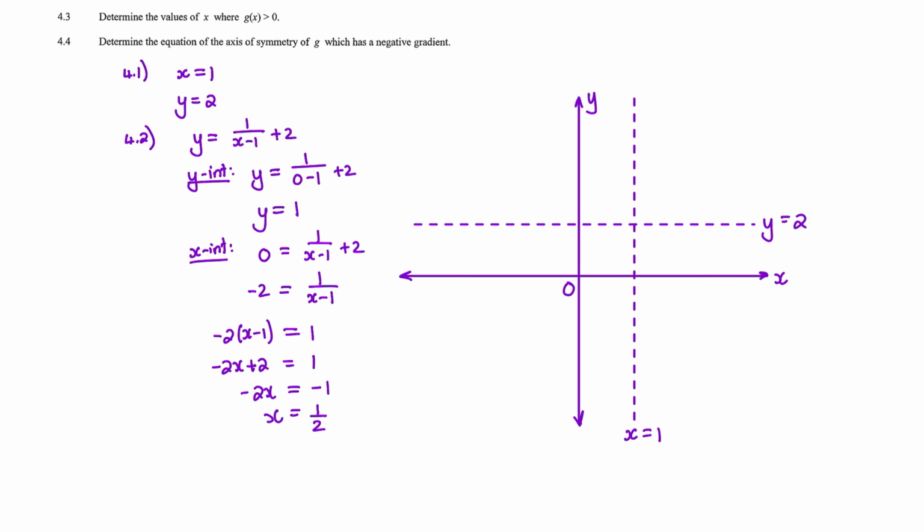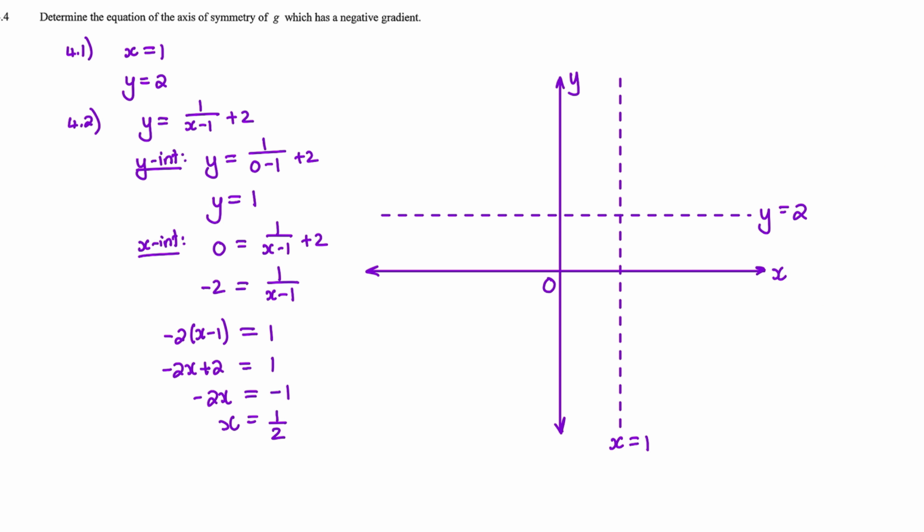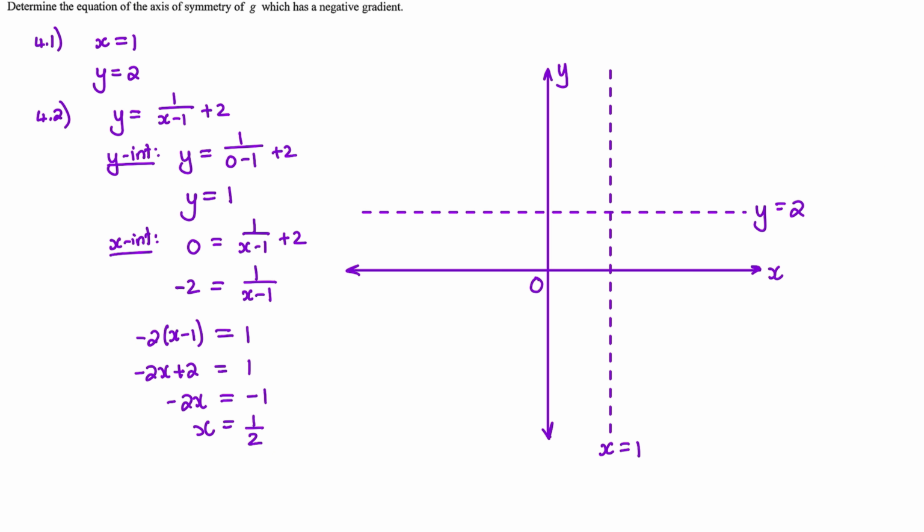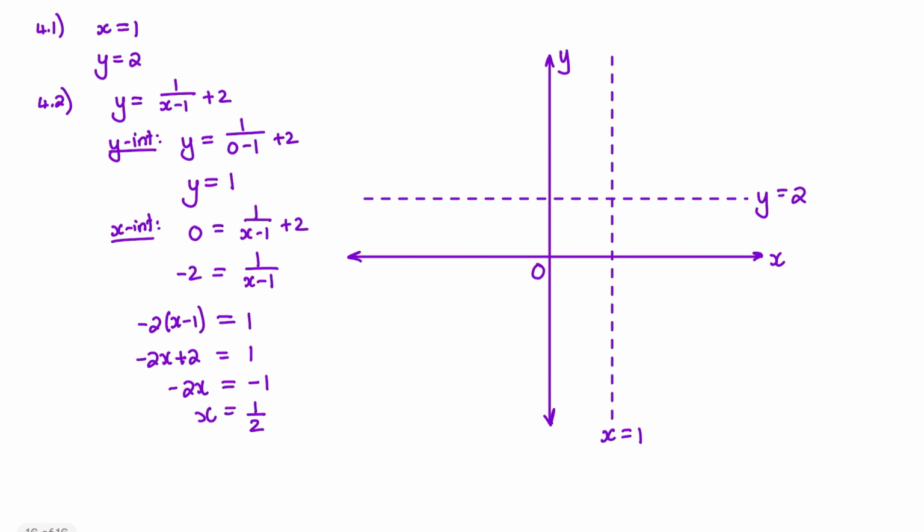And can you see I'm not really focused on scale? I just want to have everything in its right position. Next, I'll draw the y-intercept, and that is where y is equal to 1. So on my y-axis, it will go through plus 1. And the x-intercept is where x is equal to a half.